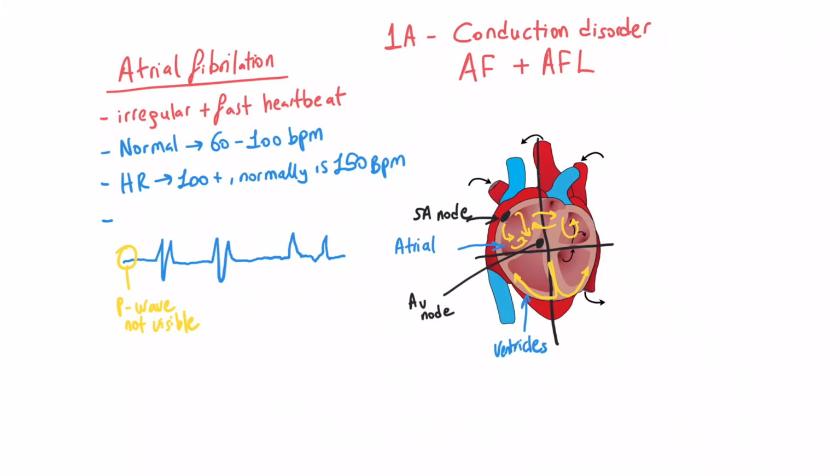Another thing that I forgot to mention previously is the reason why AF occurs. I mentioned that the signal normally goes from the SA node to the AV node and down evenly through the bundle, which causes a normal flow of blood. However, with AF, for example, and this is just an example, the AV node decides to create its own signal, and then some other signal comes from the lower chamber.